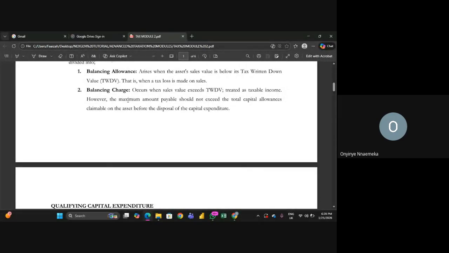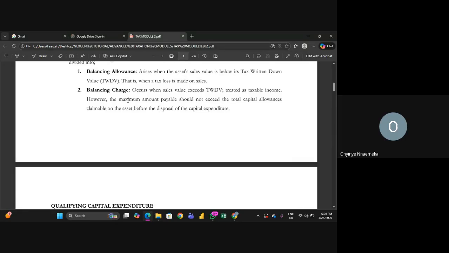Let me go back to my example. You bought an asset for 500,000 naira. By the time you sold the asset, the tax written down value of that particular asset was 250,000, which means that you have claimed capital allowance of 250,000, right? But now when you sold the asset, you sold it for 600,000 naira.